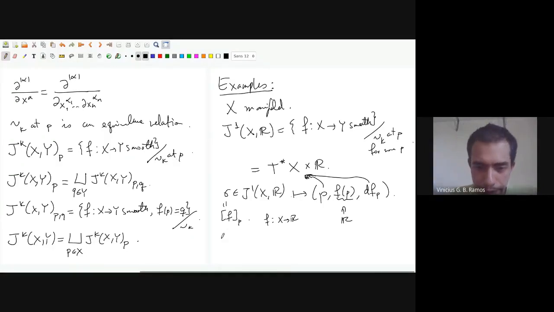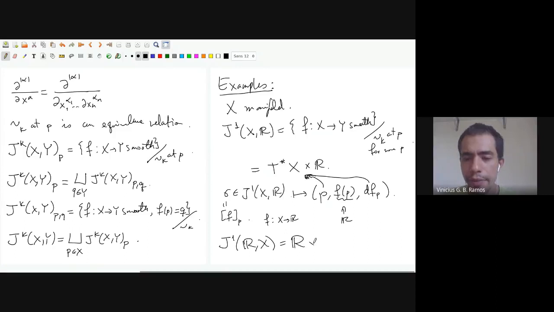And similarly, if you look at the one jet space of R, X, this is just R times, well, if you look at that at 0, maybe that's a little easier to see. So you look at curves from R to X, but you only look at them modulo an equivalence relation at a point at 0.